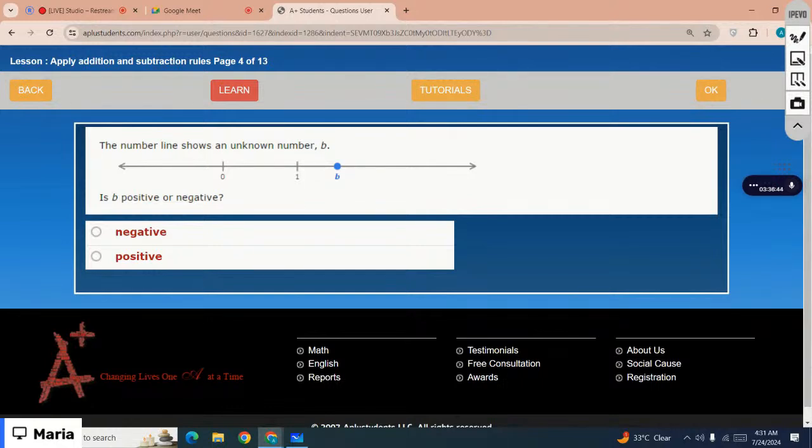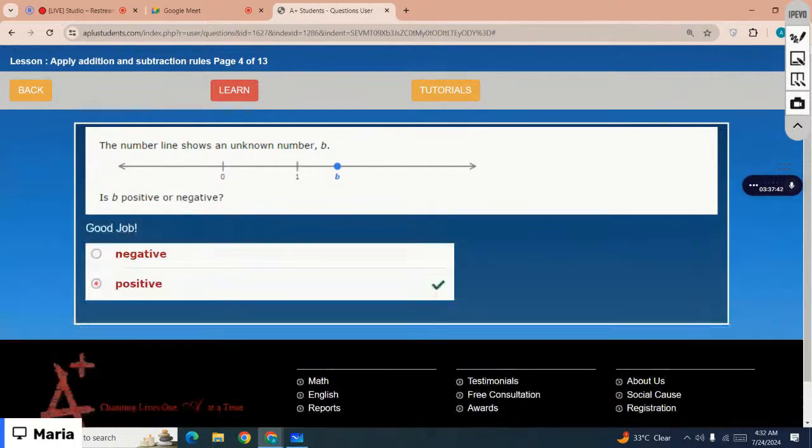Which is the correct option? That means b is positive because b is on the right hand side of the 0, so that would be positive.